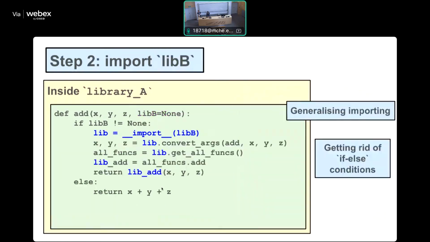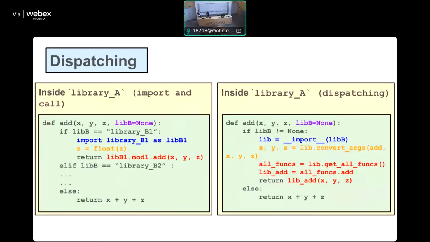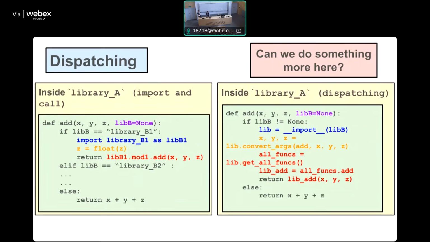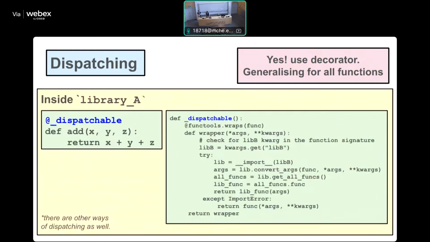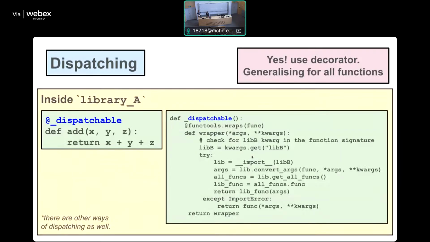And when you remove it, it's quite small. Here you can see that steps 3 and 4 we have delegated to library B1, but maybe we can make it even smaller by putting this if logic into a decorator.